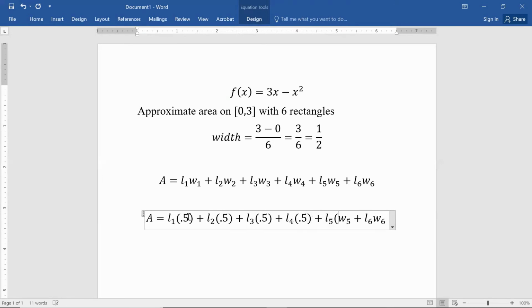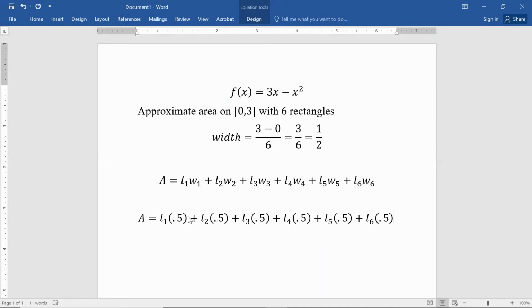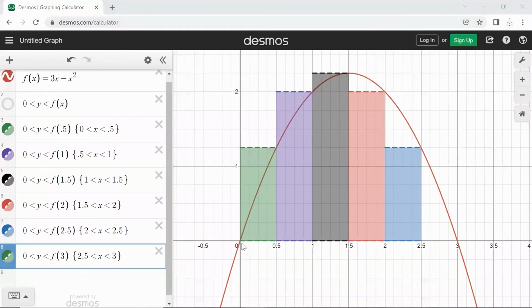At this point, we need to figure out what the lengths are. Based on what I just did, I used the right-hand values to give me the height of the rectangles. In other words, in each one of these little intervals, I use the right-handmost value, the 0.5 for the first rectangle, 1 for the second rectangle.